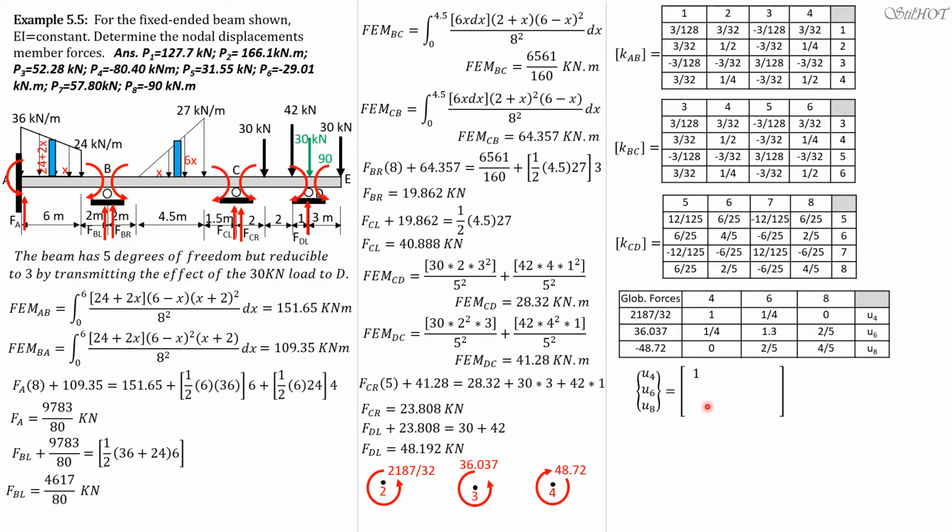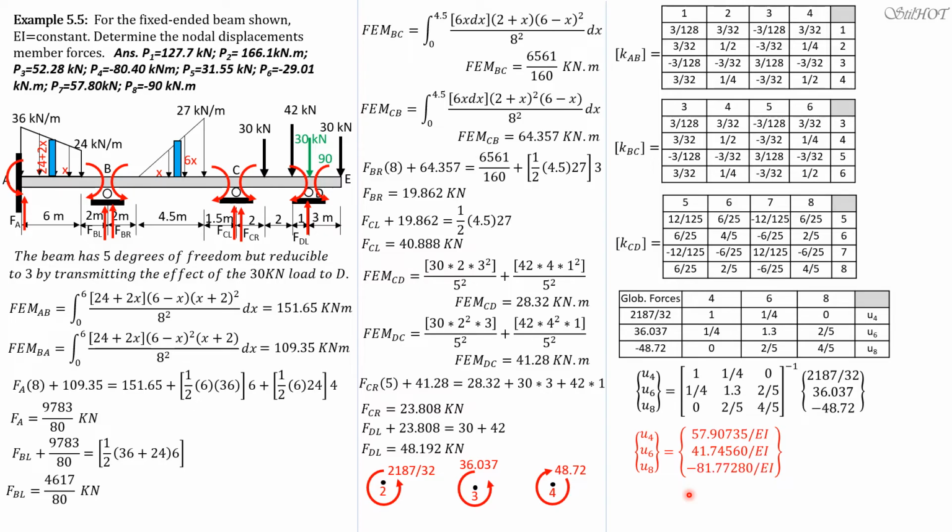So U4, U6, U8 equals the inverse of that 3 by 3 matrix times the force matrix. And you will get U4, U6, U8 equals 57.90735 over EI, 41.74560 over EI, and negative 81.772 over 80 EI, which corresponds to theta B, theta C, and theta D.